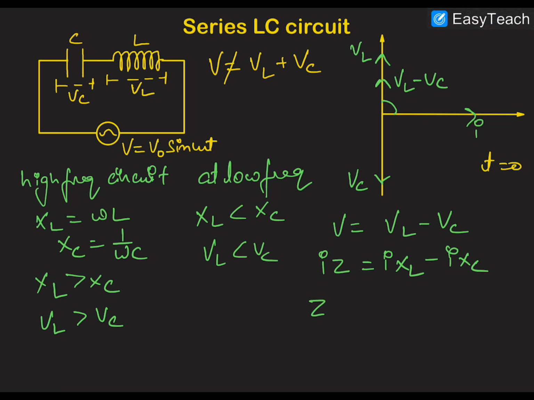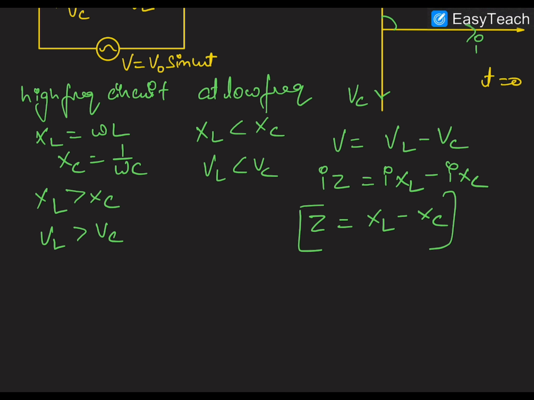Cancelling I with I, Z is equal to XL minus XC. This is the value of impedance in this circuit, and impedance is the combined resistance offered by the circuit to the current.